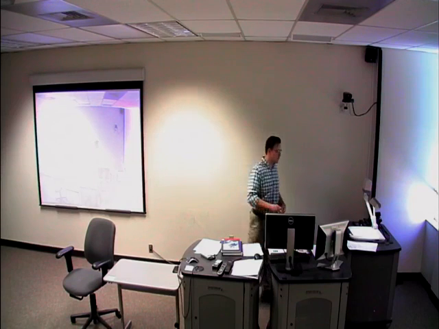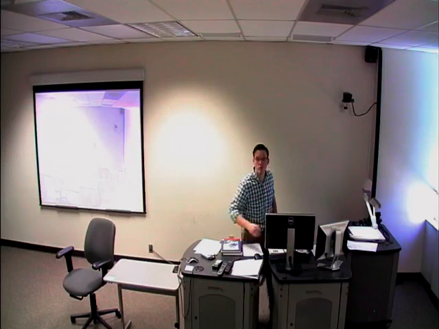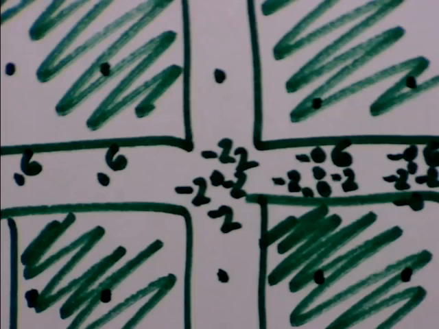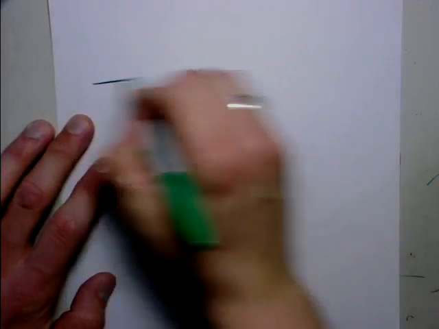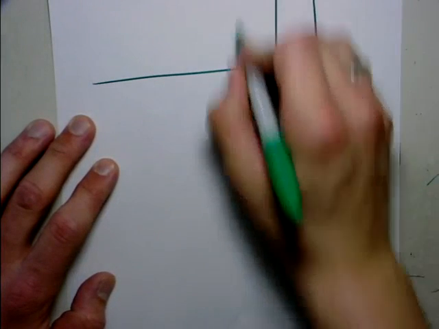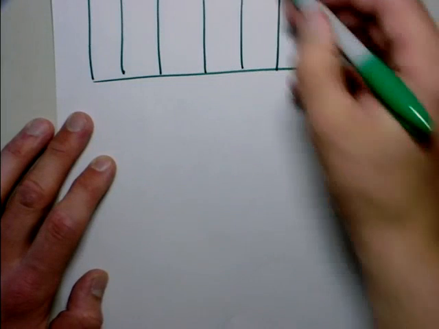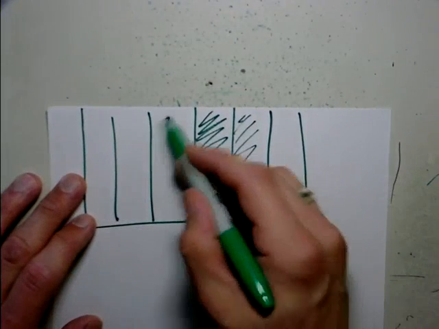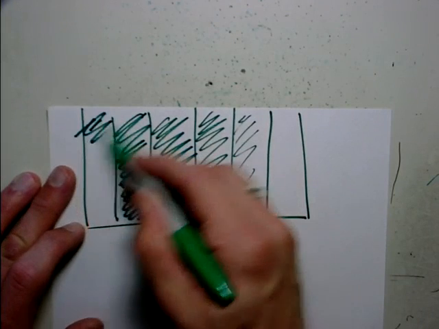So, if we were to look at the Mach bands with this, we have our bars. So this one's white, this one's slightly shaded, this one's more shaded, this one's even more shaded, this one's even more, and this one's just black.